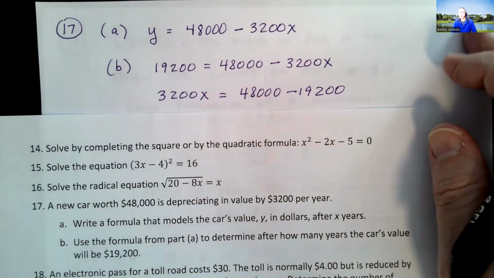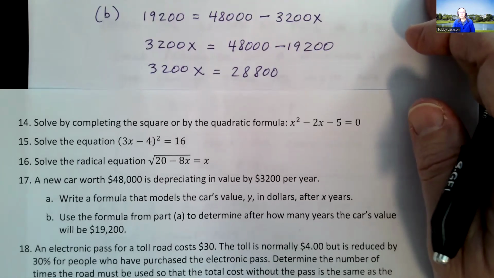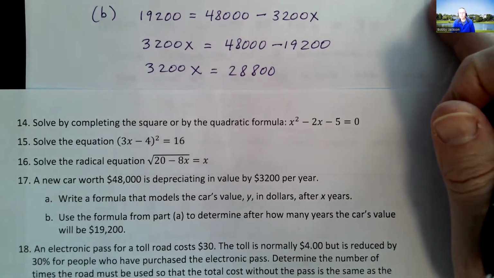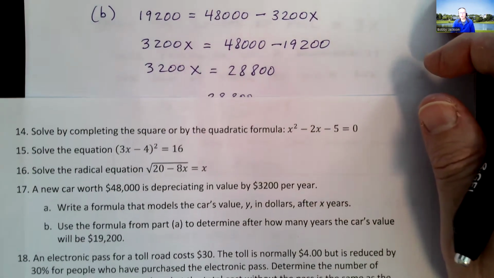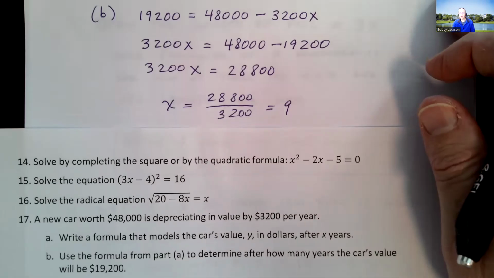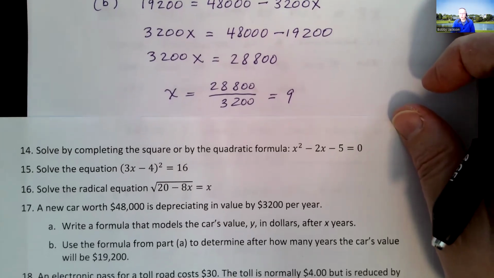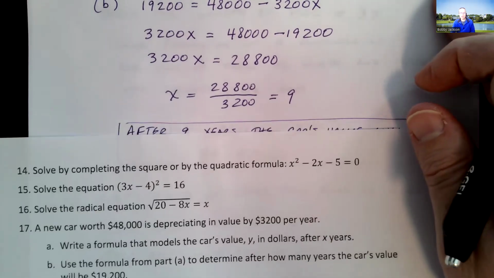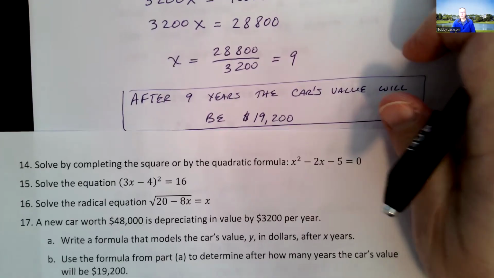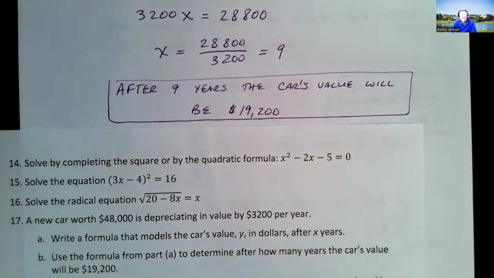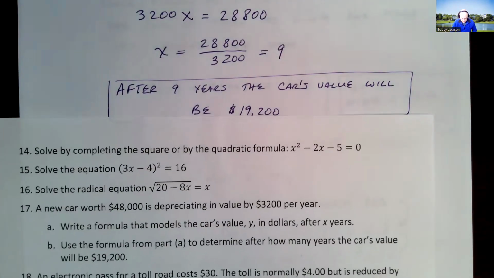Now 48,000 minus 19,200 is 28,800, and then solve for X by dividing by the 3,200, and we get 9. So the answer is, after 9 years, the car's value will be $19,200. Okay. Now we got 17 and 18 done.